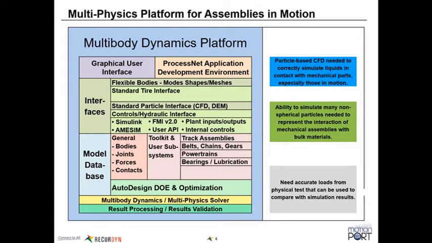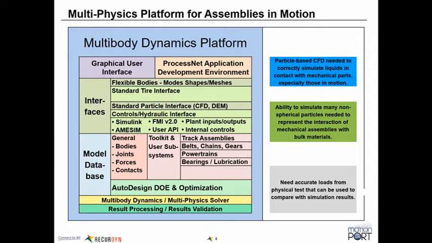And then the controls hydraulics interface. And as we see below, all the different options there, interfacing with Simulink, AMESim, FMI version 2, and the common interfacing there is these plant inputs and outputs, and also being able to do internal controls modeling with CoLink.